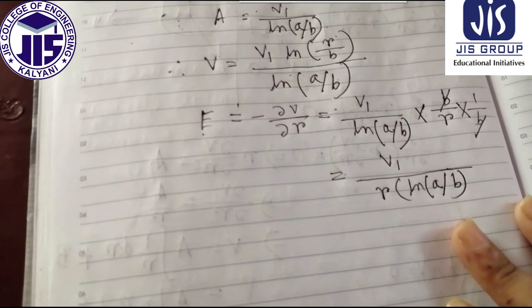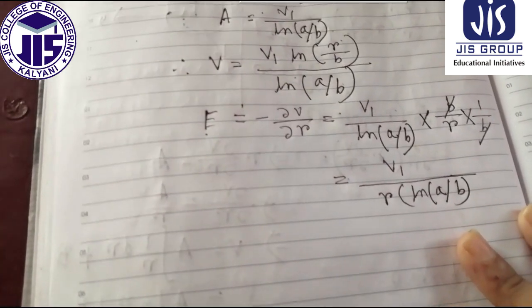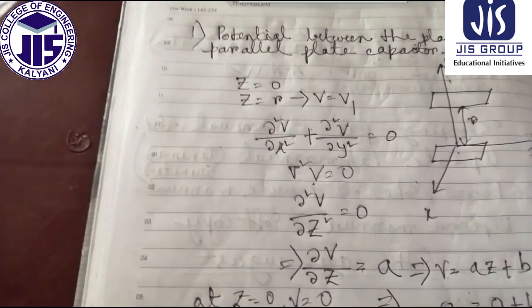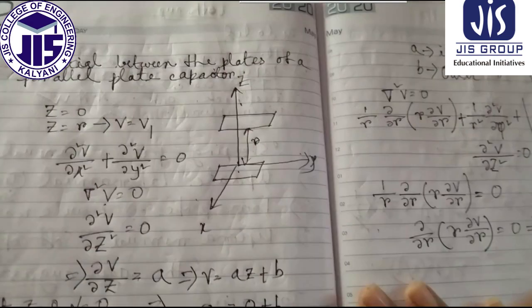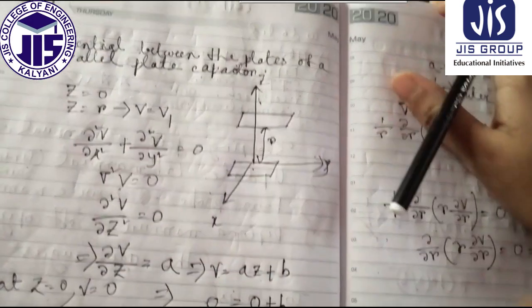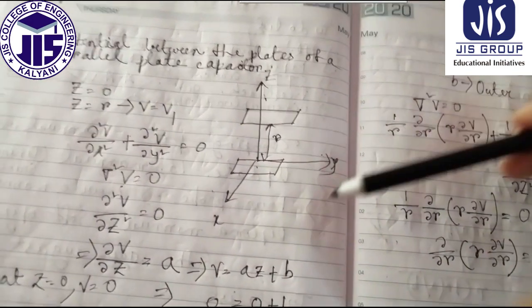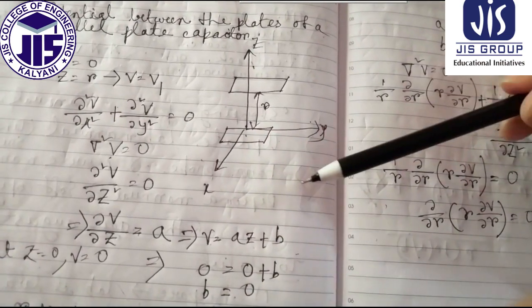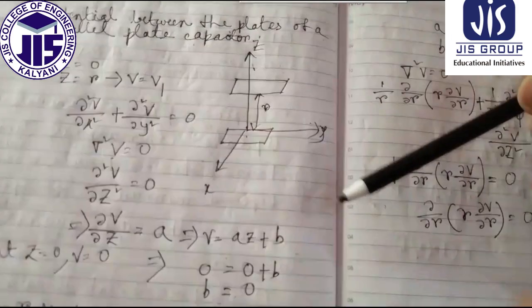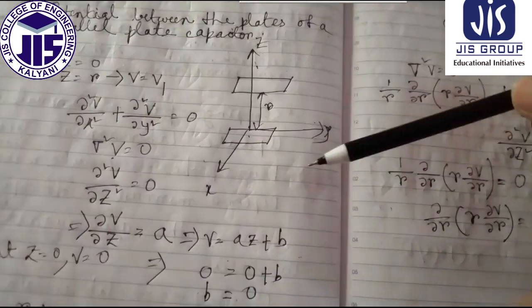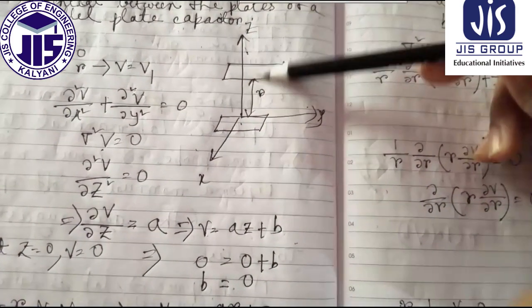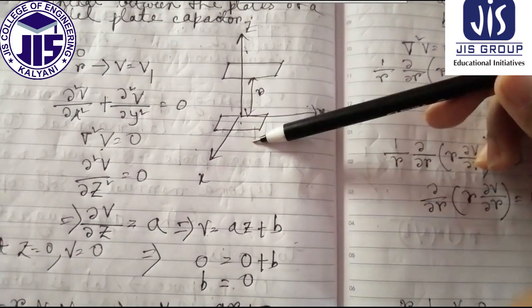If we recapitulate today's total derivation, first we derived the expression of the potential for Cartesian coordinates, where at z equal to 0 and z equal to r, at these two points, the two plates are placed.